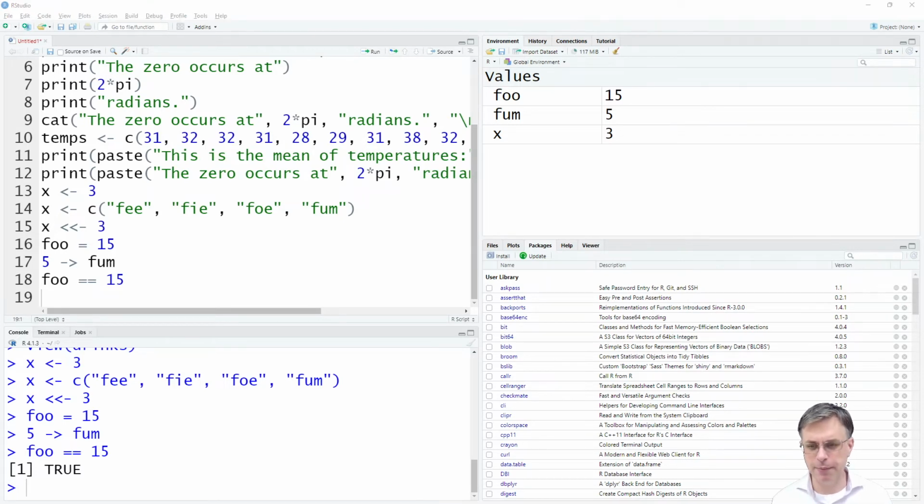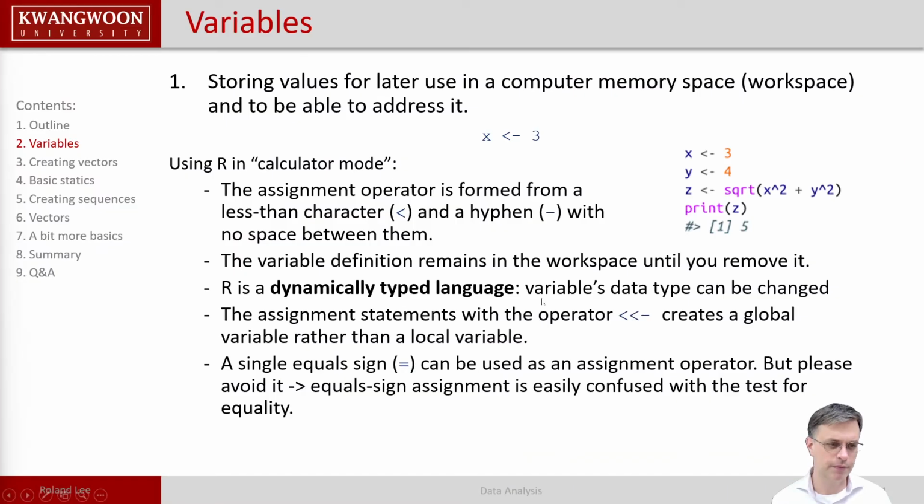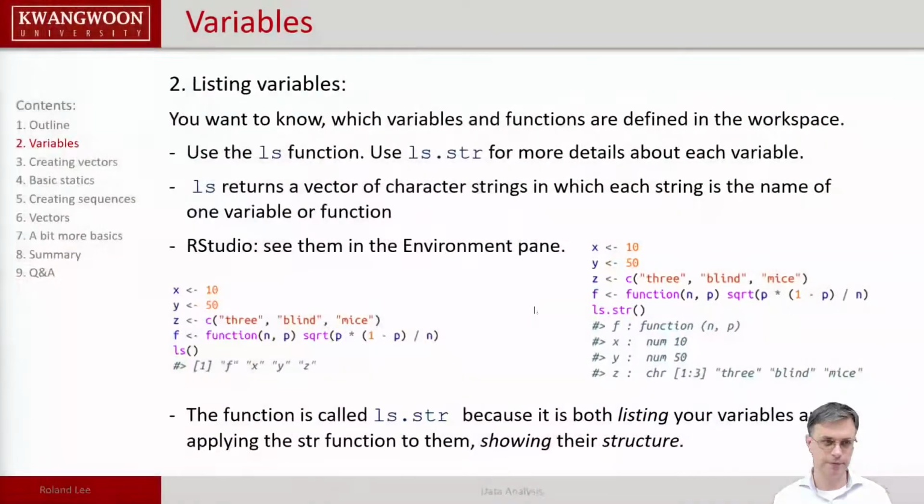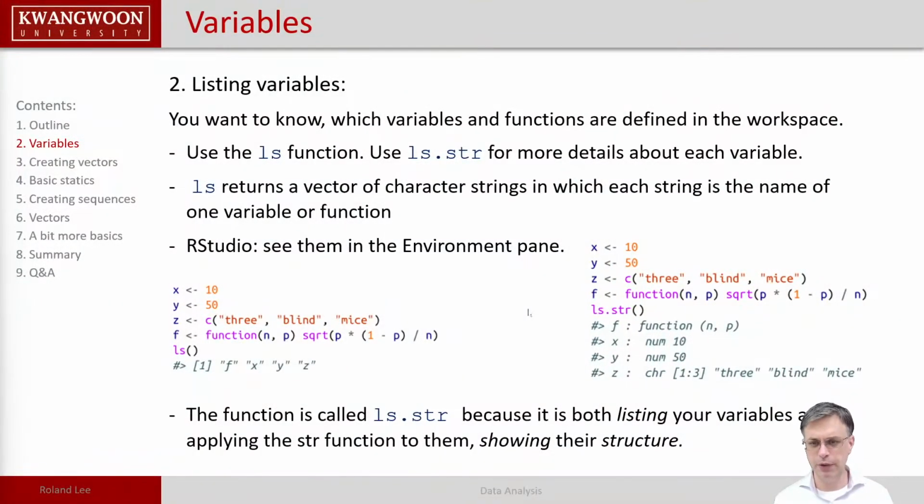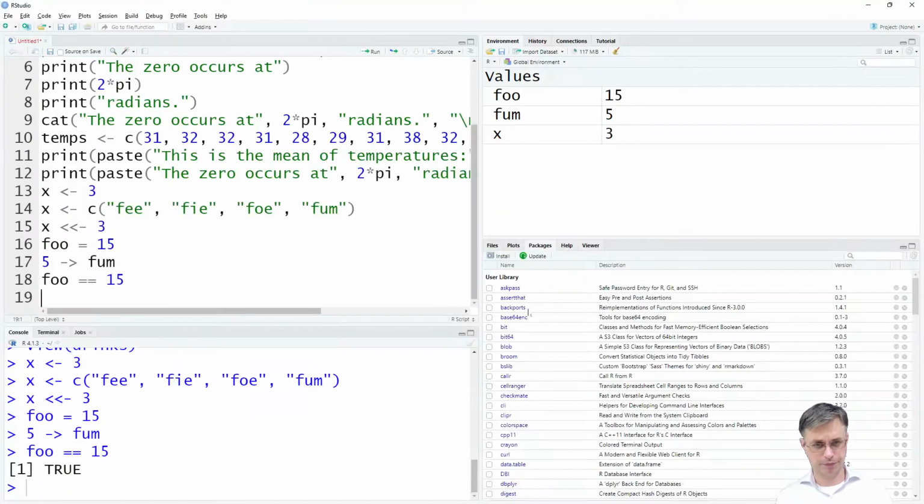Now the next one is about listing variables. Here you want to know what variables and functions are defined in your workspace, and you can use the ls function, which is the list. Now be careful if you run that.